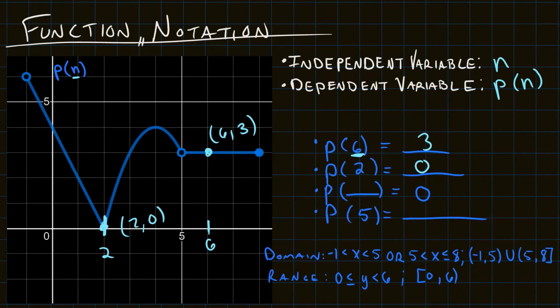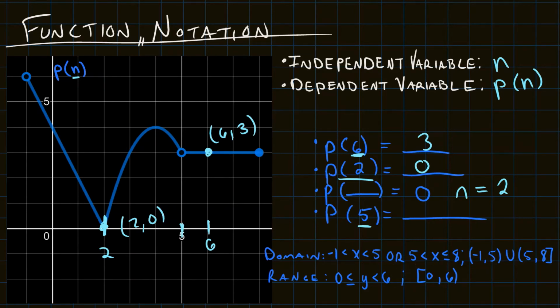So if we're being asked p of what is equal to 0, well, we've kind of already answered that question right here. We know that p of 2 equals 0, so that n, be careful, this wasn't x, n is equal to 2. And once again, we are going to look at undefined values, in this case p of 5.